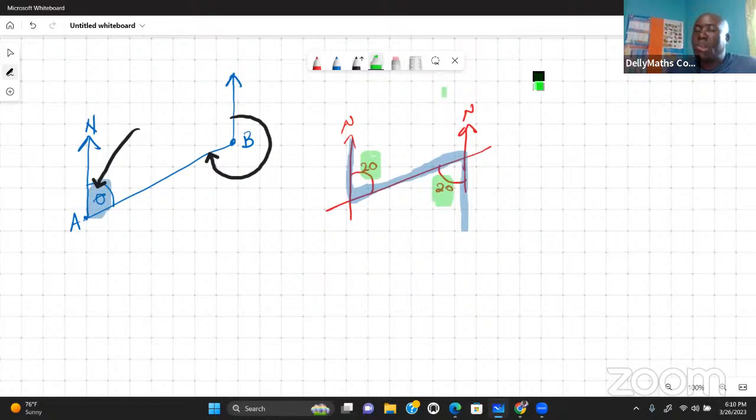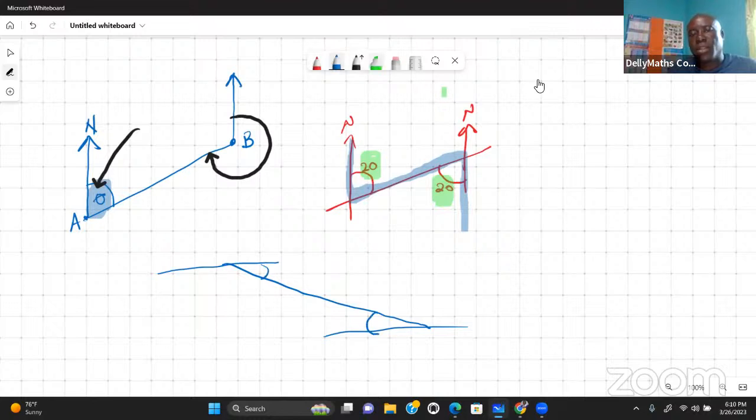Another way that it may look is, let us say I have a line like this and I have another line like this somewhere down here. These two lines are parallel and cut by another line. I'm suggesting to you that this angle here will be the same as this angle.